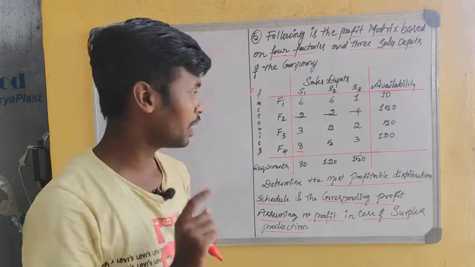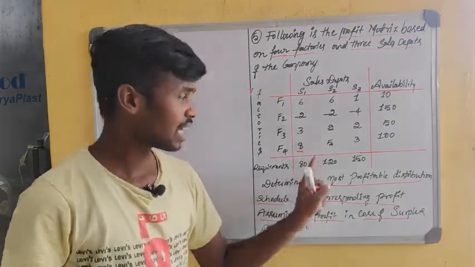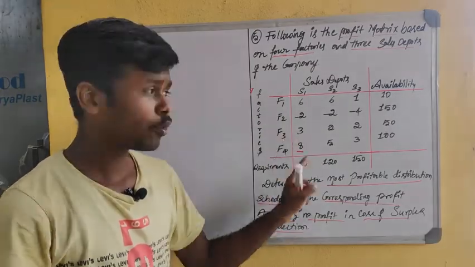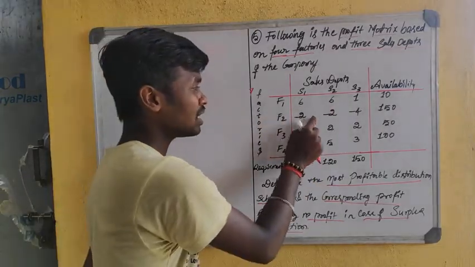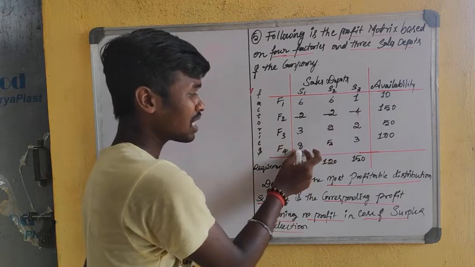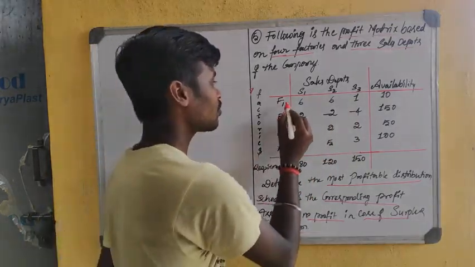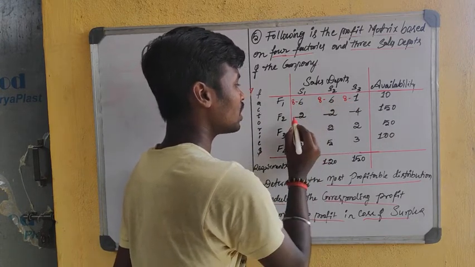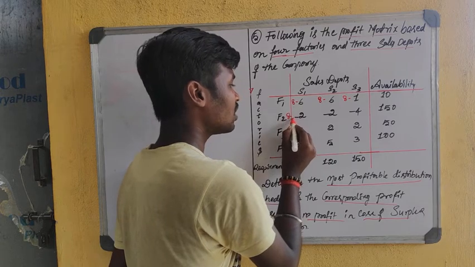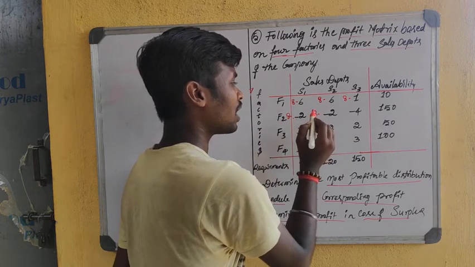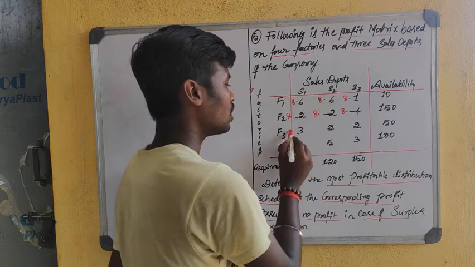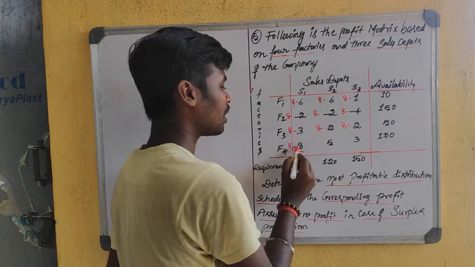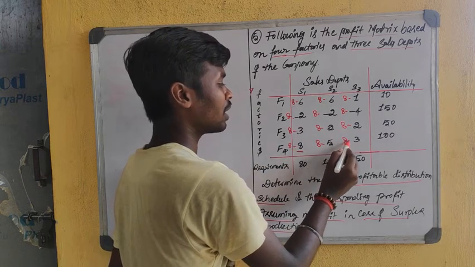Once again I am going to repeat. First we select the highest number in the transportation problem, and we subtract each number in the transportation problem from this highest number, which means 8 minus 6, 8 minus 6, 8 minus 1, 8 minus minus 2, 8 minus minus 2, 8 minus minus 4, 8 minus 3, 8 minus 2, 8 minus 2, and 8 minus 8, 8 minus 8, 8 minus 8.